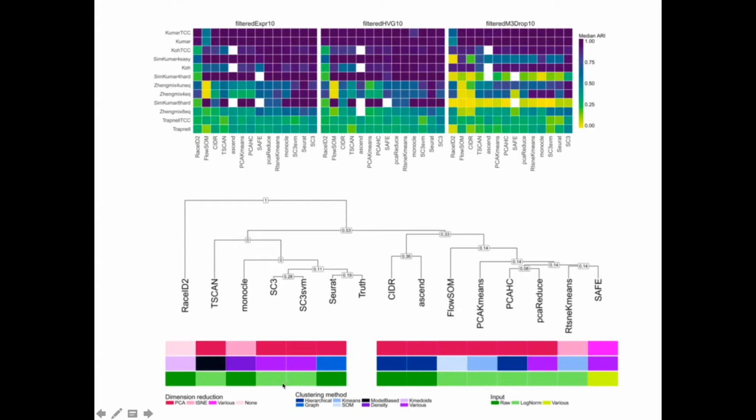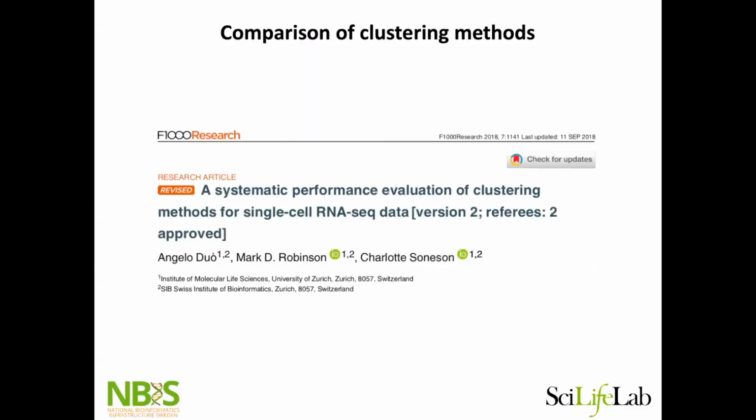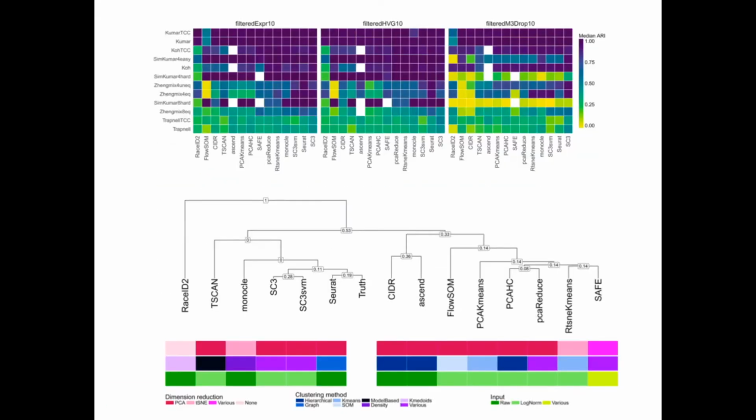So there's a lot of different ways of doing it, but clearly this graph-based, and this was, what year was it? 2018. So at that time, there were a few papers with the graph-based methods. Most of these other ones here are not based on graphs. It's actually only Seurat here that's based on graphs.